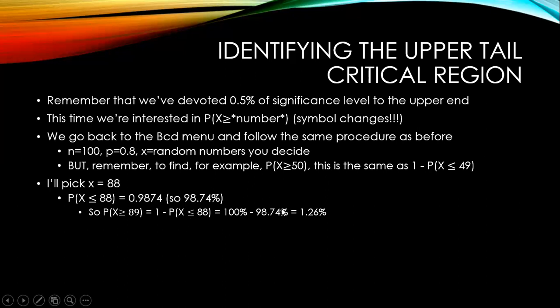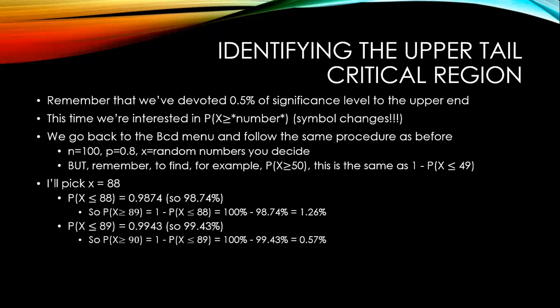So 100% take away 98.74%, and we get 1.26%. So the probability we get 89 or more brown-eyed people in our sample of 100 people is 1.26%. A little bit bigger than 0.5%, but not too far away.